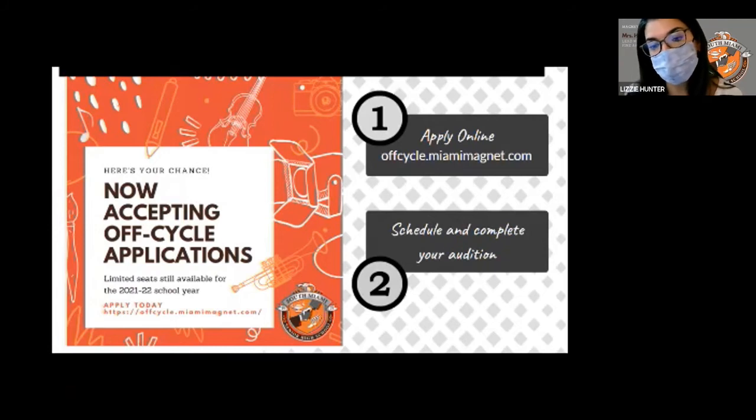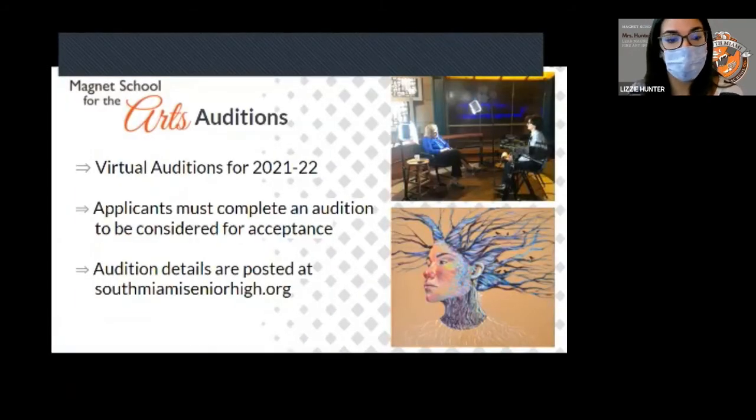Once we receive your application, we will contact you to schedule your virtual audition. This year, we are conducting all auditions online through Zoom. We've set up a pretty nifty way of making sure that it is fair and equitable to everyone. Your acceptance into our program is based on those audition results.